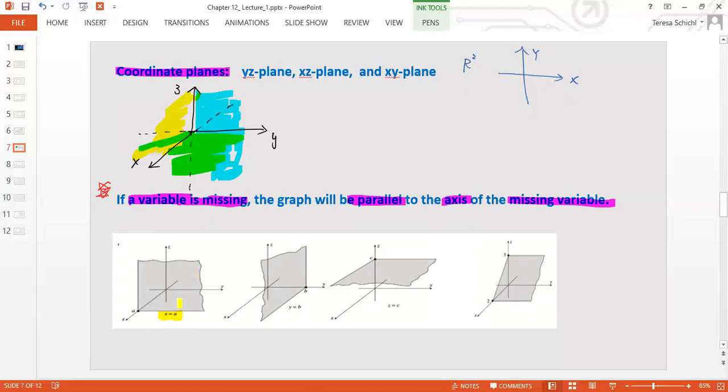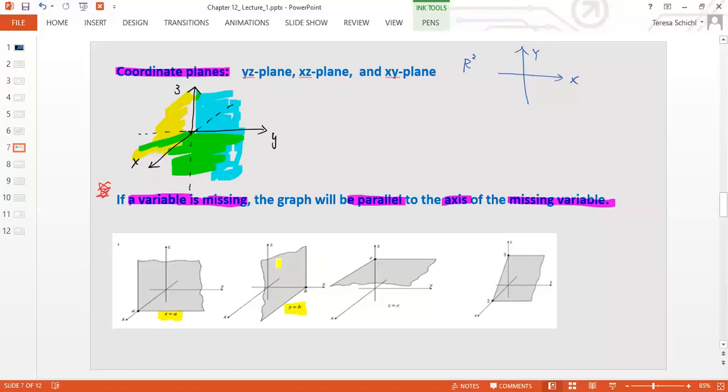So that's why this x equal to a plane is going to intersect at the x-axis, but be parallel to the y-axis and z-axis. In the same way, if you have y equal to b, the x is missing and z is missing.